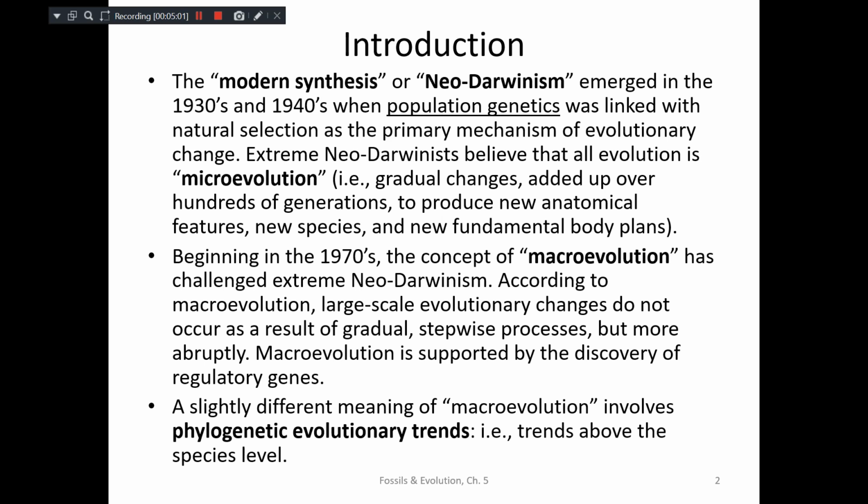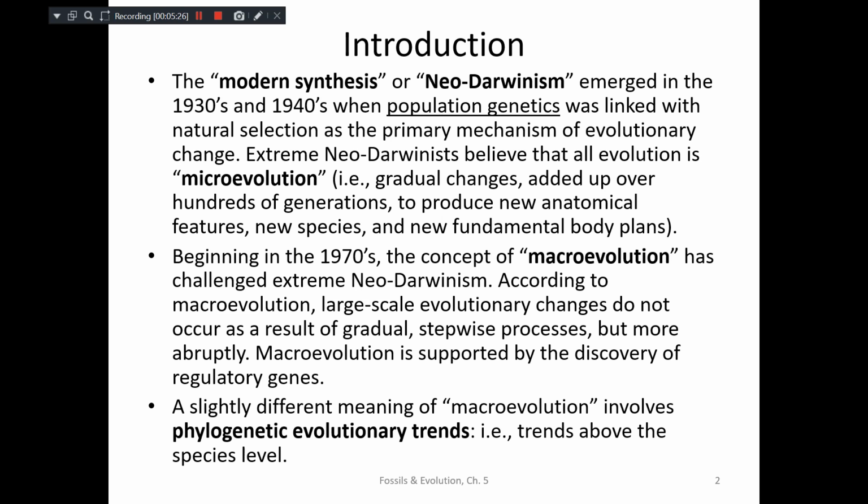According to this macroevolution, the large scale evolutionary changes do not occur as a gradual or stepwise process, but instead, all of a sudden, abruptly it happens. So, this is the difference between microevolution and macroevolution.